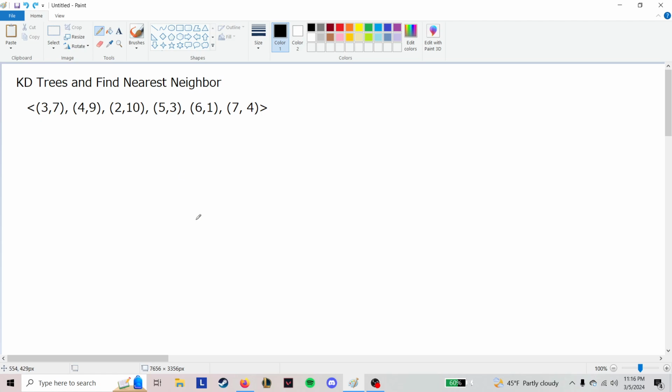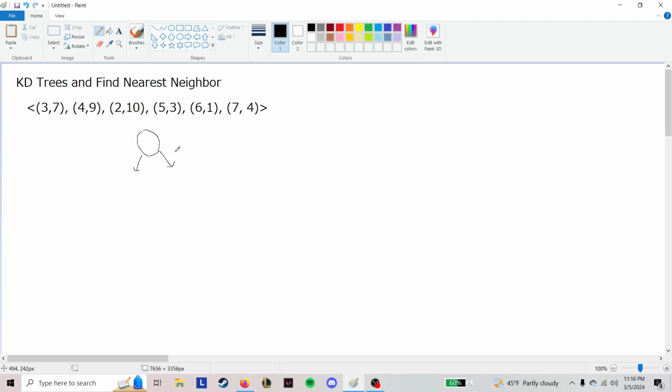So KD trees conceptually are very similar to binary search trees. Structurally, you're going to have a node up here. You're going to have a maximum of 2 children. And each of these nodes is going to store a point. In this case, for example, it would be a 2-dimensional point.